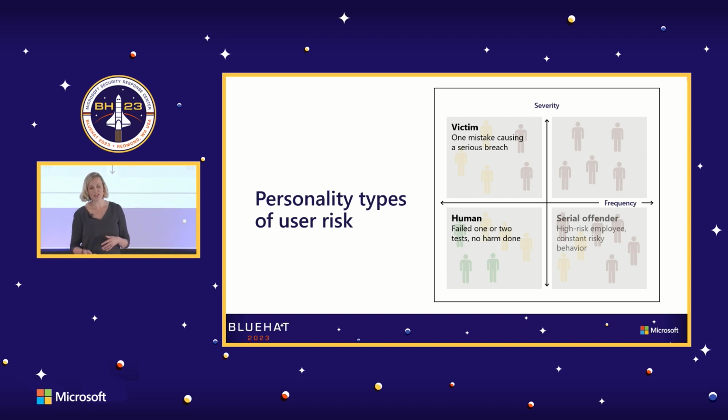But we have some interesting opportunities as we move to the bottom left, where we have our serial offenders, people who are making repeat offenses, making frequent mistakes that are not super catastrophic, but they're clearly skirting policy violations, pushing the edges here.